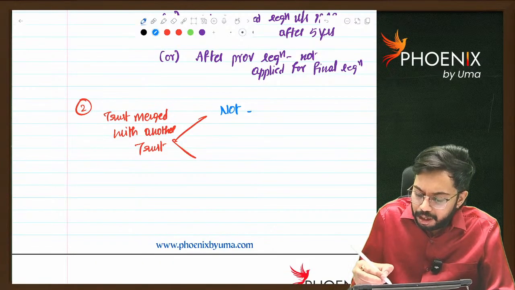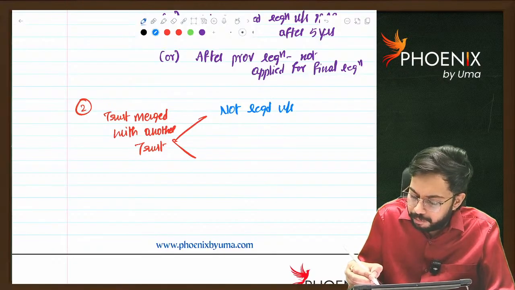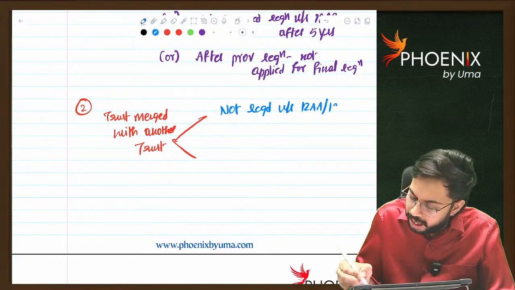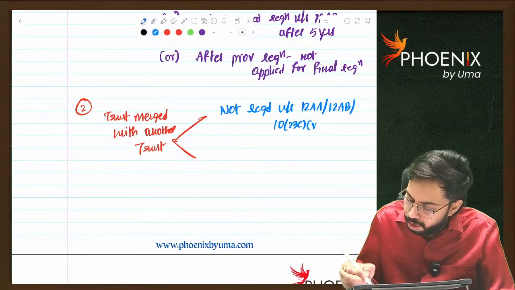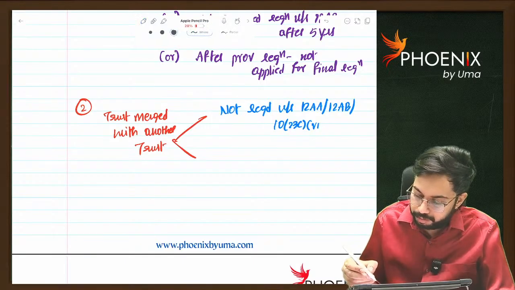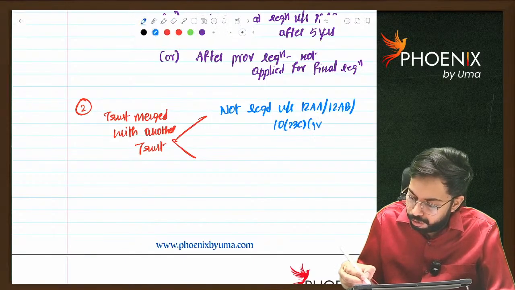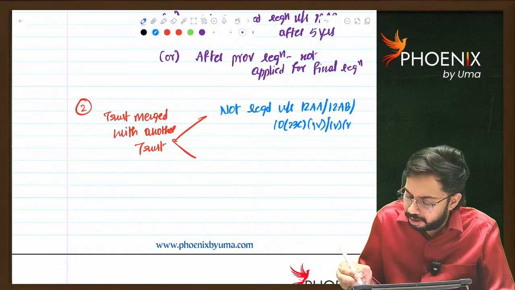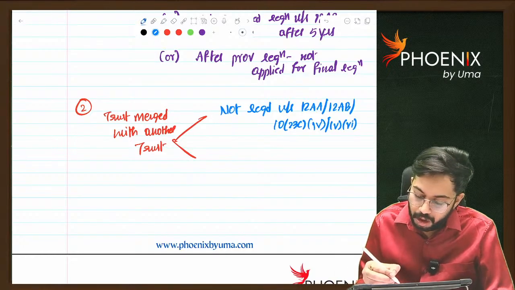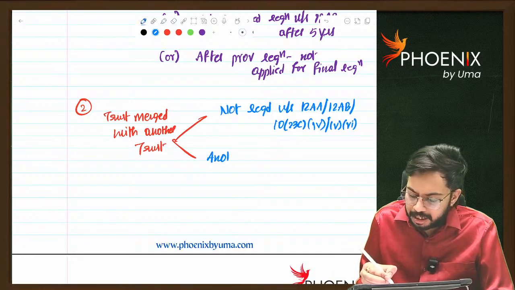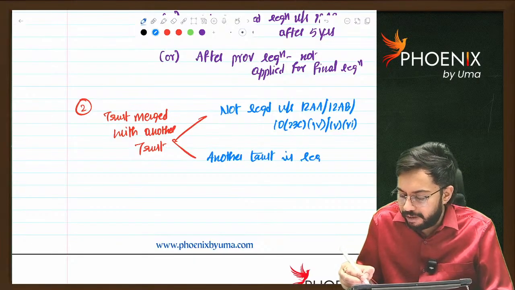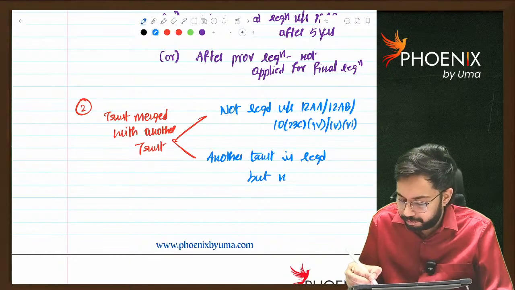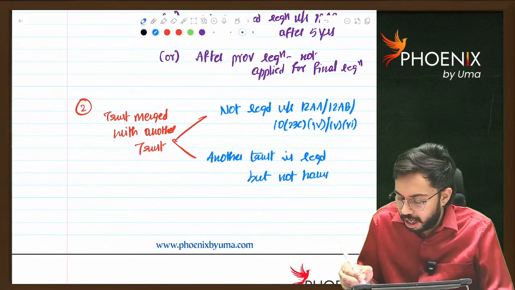Another trust is not registered under section 12AA or 12AB or 10(23C), (iv) or (v) or (vi), or another trust is registered but not having the same object.